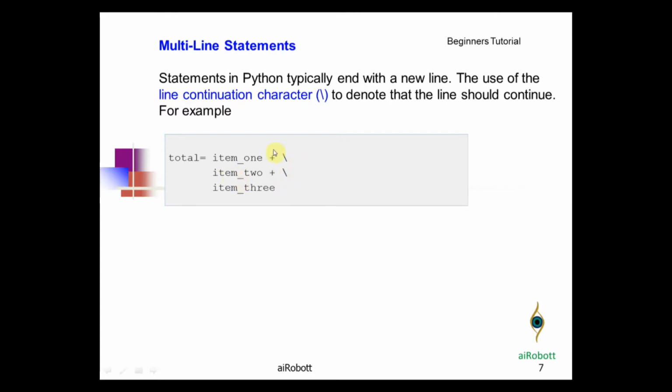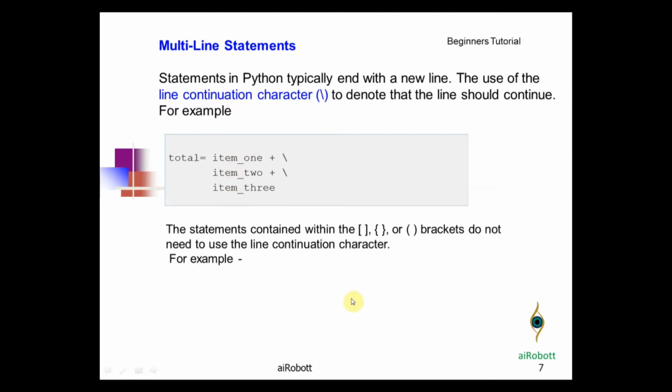This is the line continuation character in the statements. Then the Python interpreter thinks that all these are only one statement.